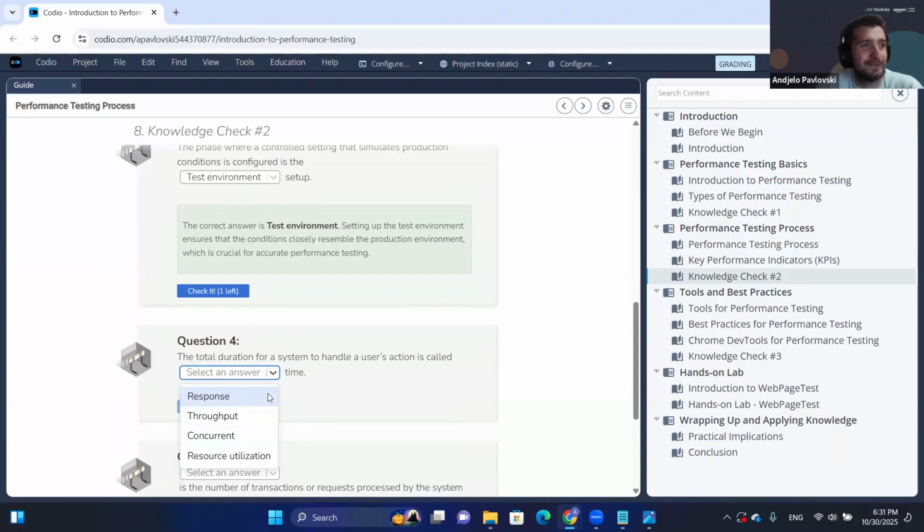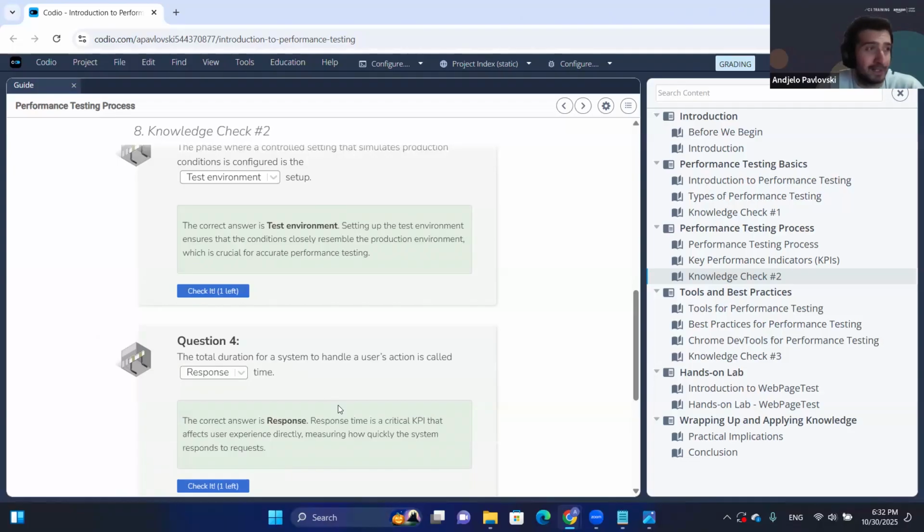I'll wait a bit to see if somebody else maybe has another take on this. Going once, going twice. All right, I'm going to select response time, and you are correct. So response time, duration for how much time a request is handled. So again, very well done for that one.